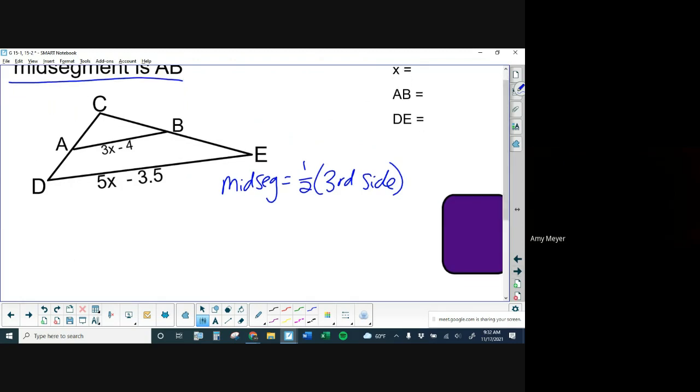What is the mid-segment? 3x minus 4. Keep going. Half. What's the third side? The side that it's parallel to that we didn't pick. 5x minus 3.5.